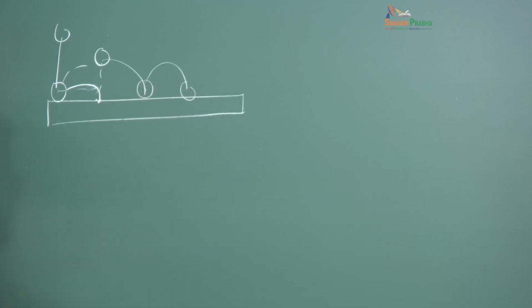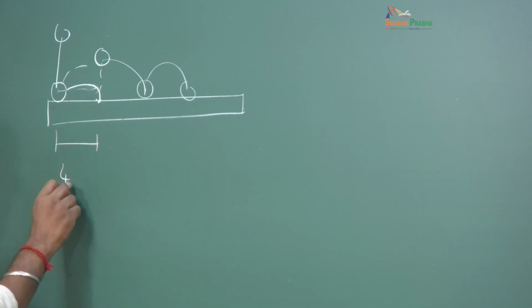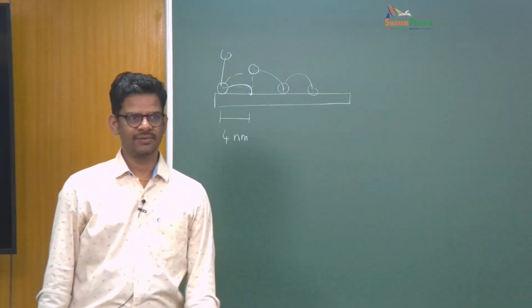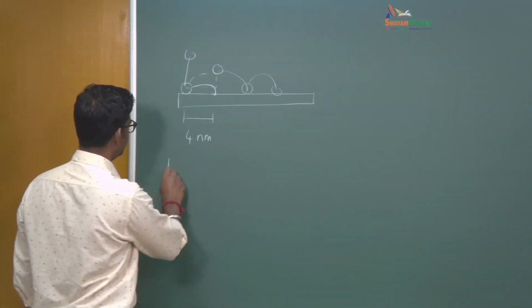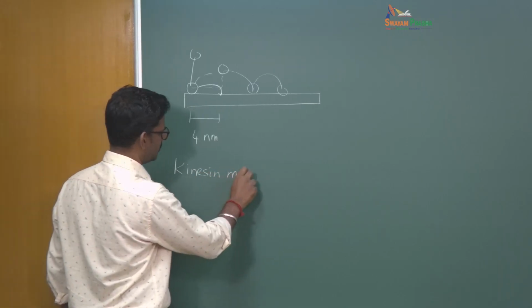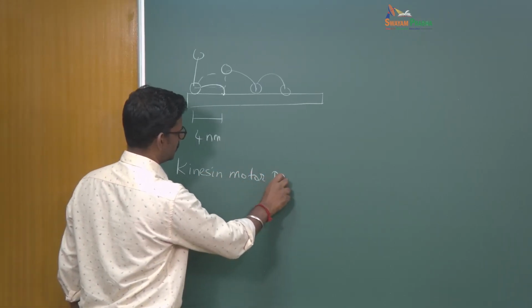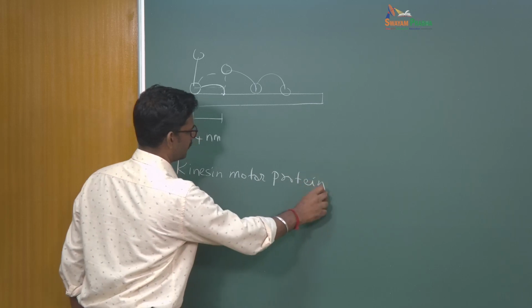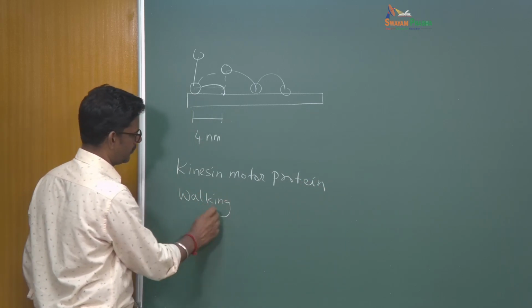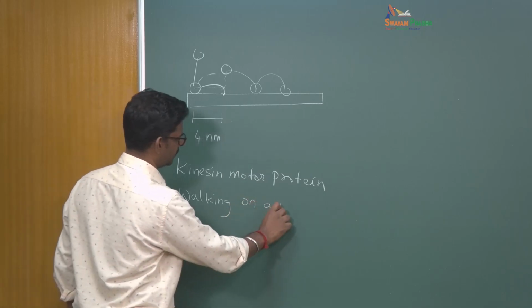So it basically takes this kind of a discrete step walk, and people have measured that this step size can be about 4 nanometer as far as kinesin is concerned, okay. So this is a kinesin motor protein walking on a microtubule.